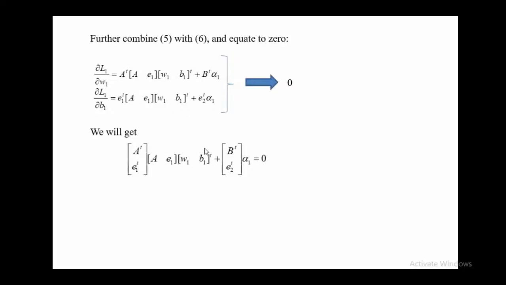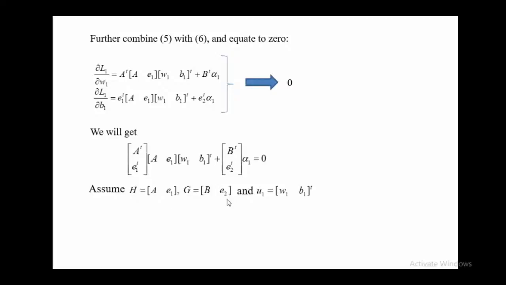When you have these, you can write in a shorter, simpler form by assuming H is equal to this particular term, G is equal to V2, and U1 is equal to this. So we assume that these are the variables. The definition is given here, and we can write this in this particular manner.